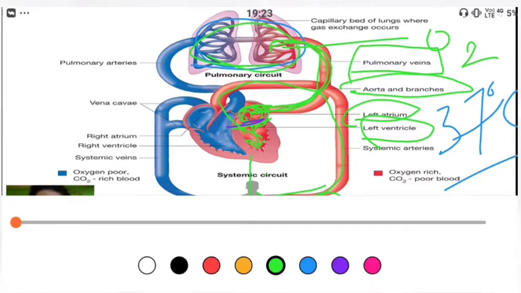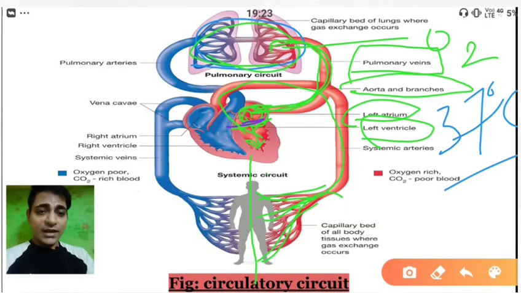Now what will they do? Again the blood will collect the carbon dioxide, and this collected blood, which is known as deoxygenated blood or carbon dioxide rich blood, will be sent to the heart again to be sent to the lung, because organs cannot send the blood directly to the lung. It needs to circulate via the heart.